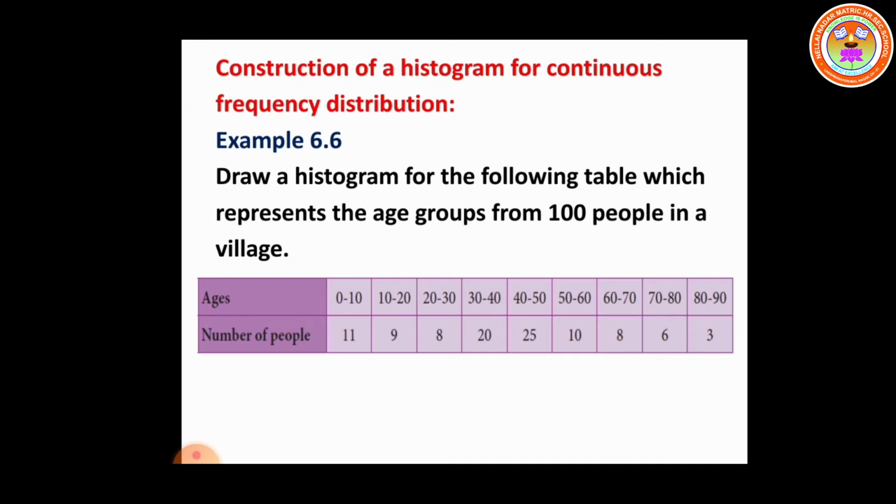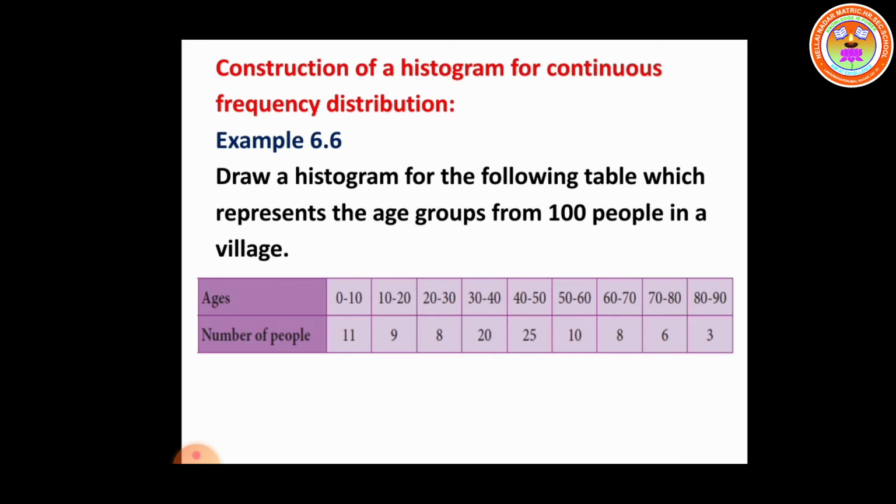Next, the number of people given is the frequency. 0 to 10 is 11, 10 to 20 is 9, 20 to 30 is 8, 30 to 40 is 20, 40 to 50 is 25, 50 to 60 is 10, 60 to 70 is 8, 70 to 80 is 6, 80 to 90 is 3.